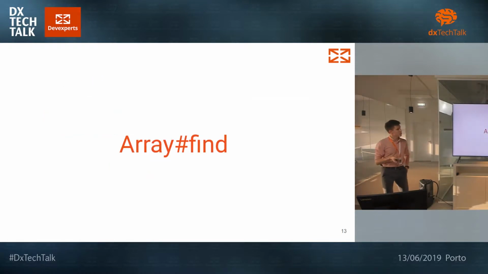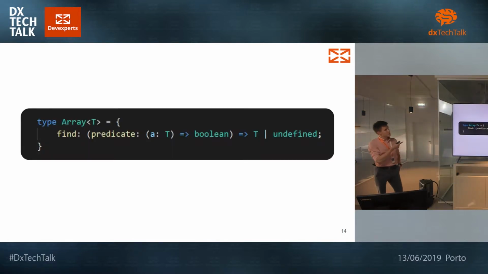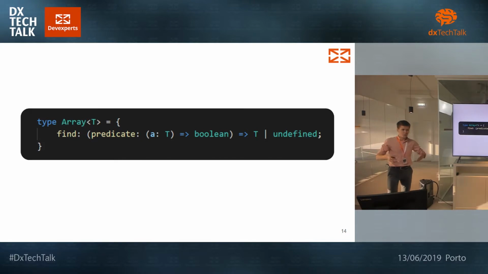The JavaScript API itself likes to use undefined. Let's, for example, take a look at the array.find method. It's TypeScript, I warned you about that. It's type notation. It says we have a type Array of something of type T, the T in angle brackets. It's called generics. It's the type of something that will be inside our array.